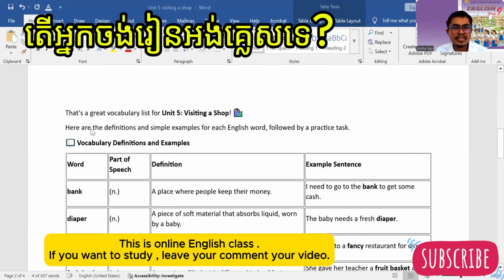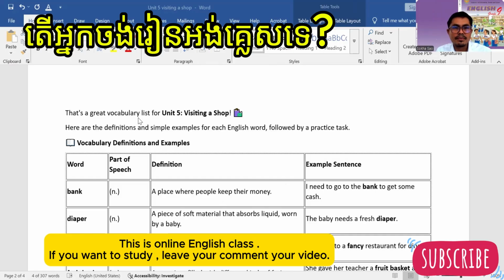So this is the vocab, the definition in English and also the example. Why do we need to know the definition in English after translating this word into Khmer? Because we want to know the exact meaning of each word and also know how to use this word in sentences.